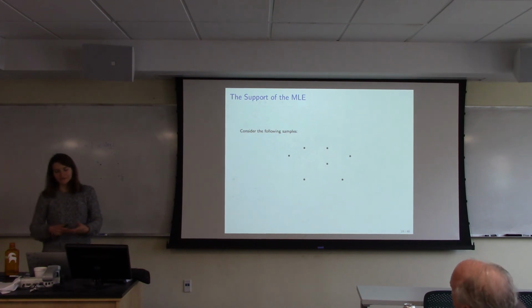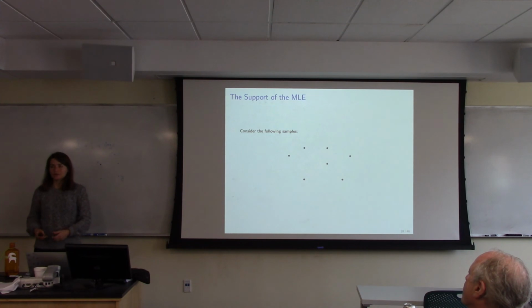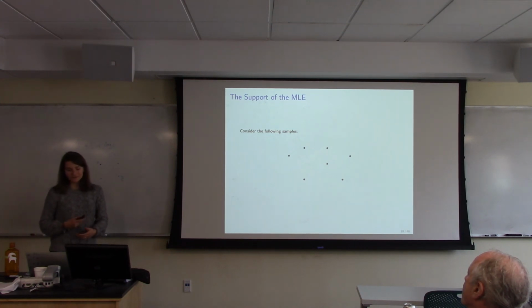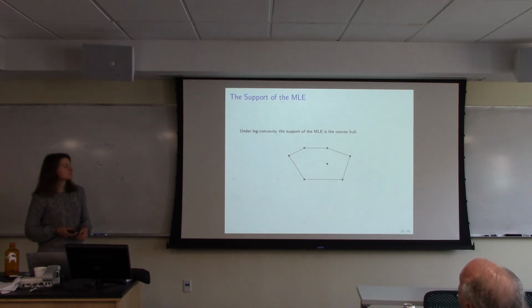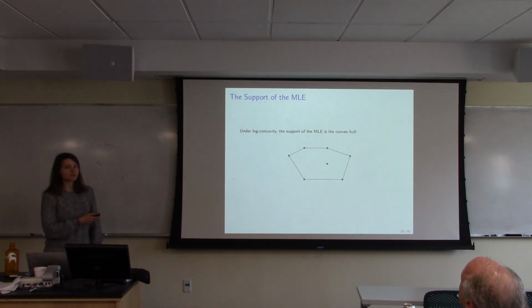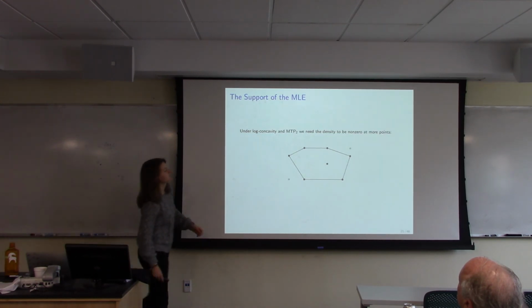Okay, and so the first step will be figuring out what's the support of the MLE. Consider the following samples in R2, and if we're just doing log-concave density estimation, then the support is going to be the convex hull, right? But now we also want a density which is MTP2, and so what would happen if we had this one?